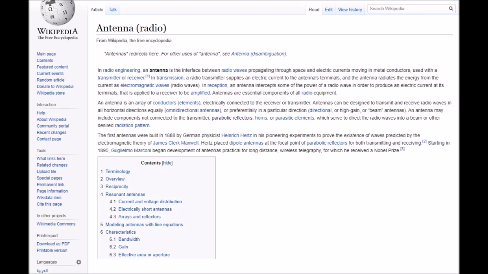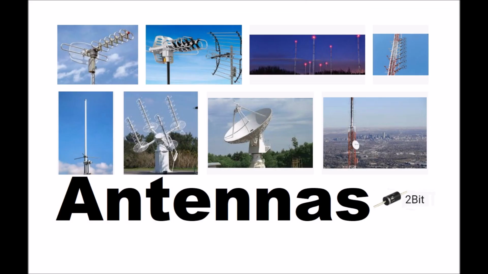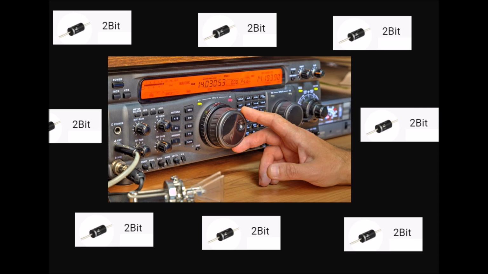Now, a lot of different definitions. Antenna, radio. In radio engineering, an antenna is the interface between radio waves propagating through space and electric currents moving in metal conductors, used with a transmitter or receiver.